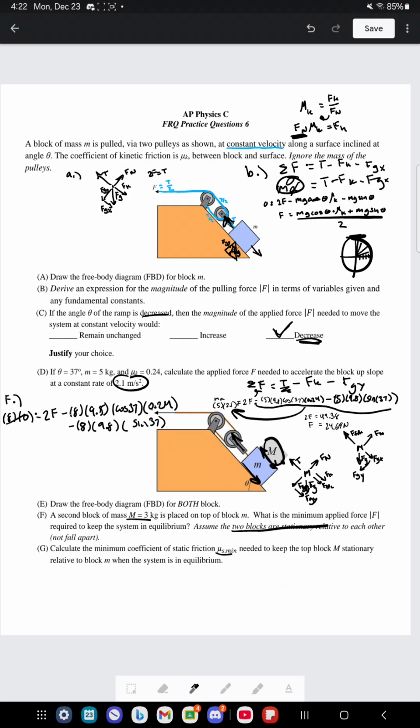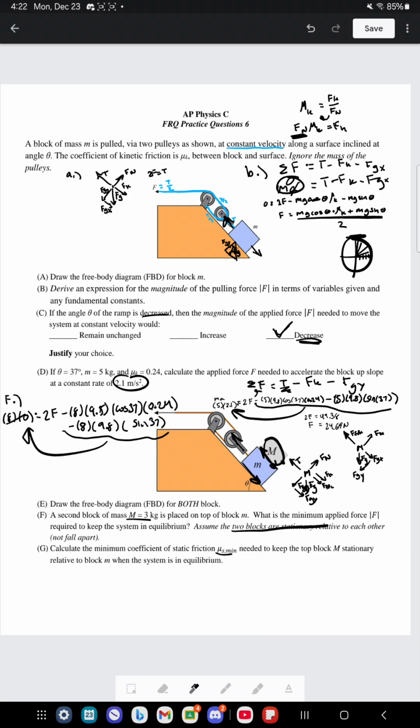I'm going to add these two terms to the other side to solve for F. Let's see, 8 times 9.8 times cosine of 37 times 0.24 plus 8 times 9.8 times sine of 37.